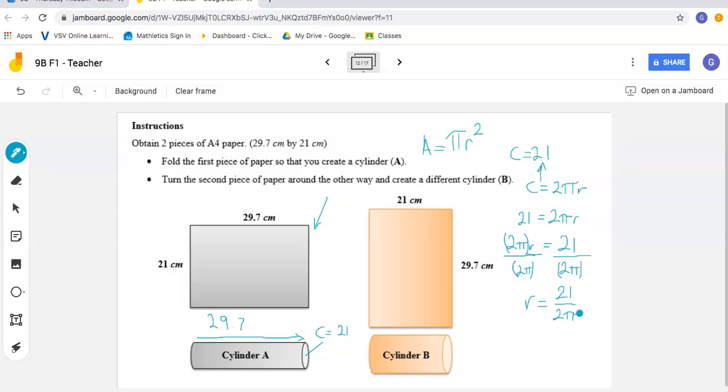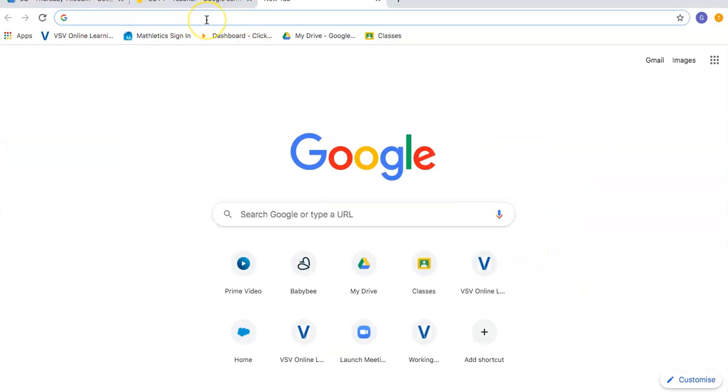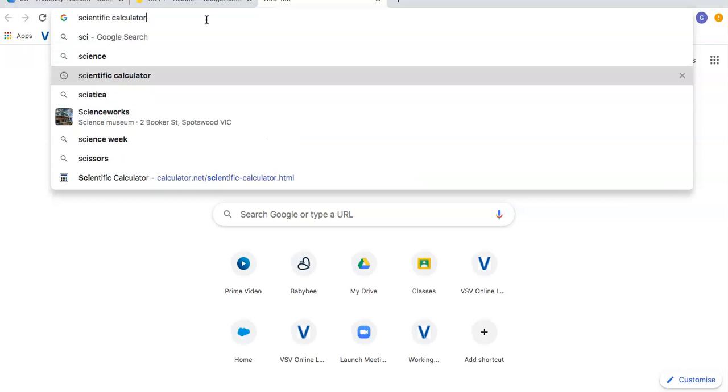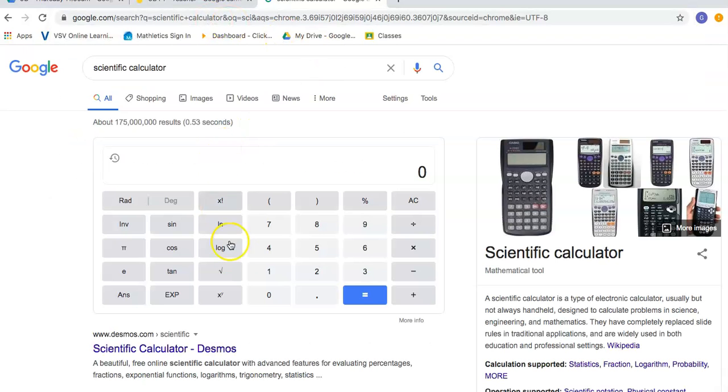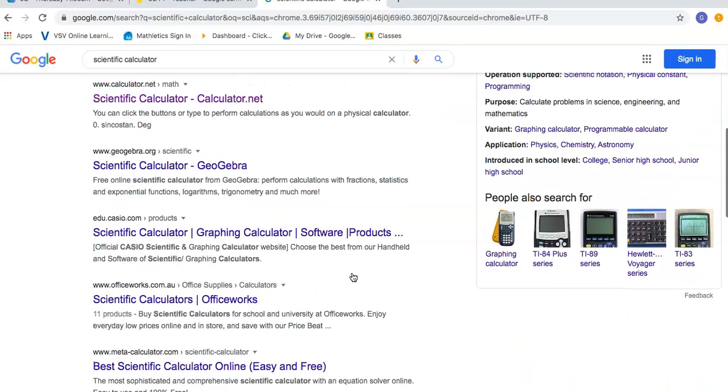Okay, which is then very easy to work out. You can simply use the calculator and write 21 divided by 2 times pi, which should give you an answer. I will quickly show you using the scientific calculator.